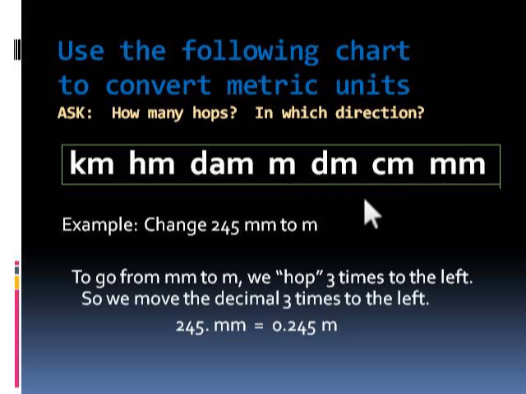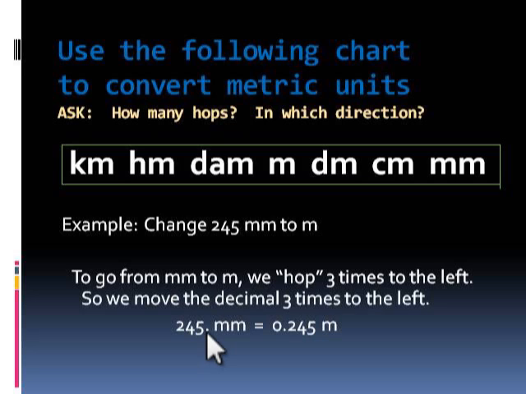How many times are we going to move it? That's our hops question. How many hops? So to go from millimeter to meter, we hop 1, 2, 3 times. So if we move 3 times to the left, you might be thinking, wait a minute, where is the decimal? I don't see a decimal. Remember, that means it's silently sitting at the end of the number if there's not one visible.